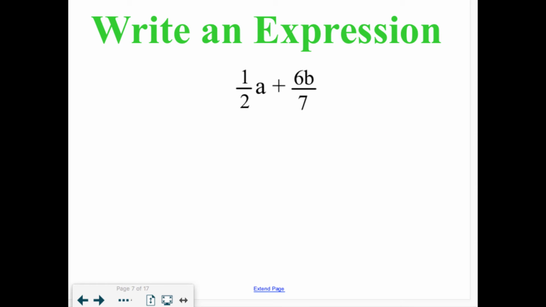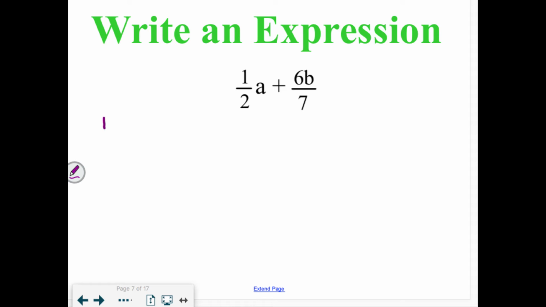So, part of this lesson focuses on if we are given an expression written out algebraically, can we put it back into a sentence, or can we speak it out loud so that someone else knows what's happening in this equation? There's a lot of different ways that you can write these out. I'm going to give you a couple. Again, that's not everything, but it's a good place to start.